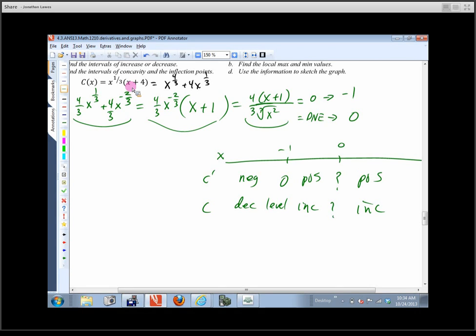Well, let's stop and think about how those cusps and corners showed up. We had a function that was decreasing, and then a function that was increasing, or vice versa. Is that what happens here? No. What happens is it decreases, it levels off, it increases, does something we're not quite sure of, but it increases after. What do you think we have there? Vertical tangent.